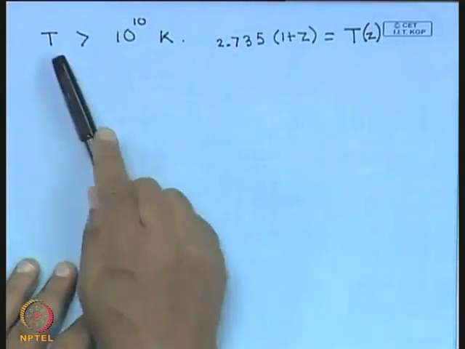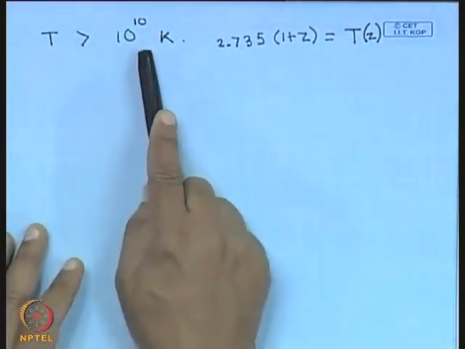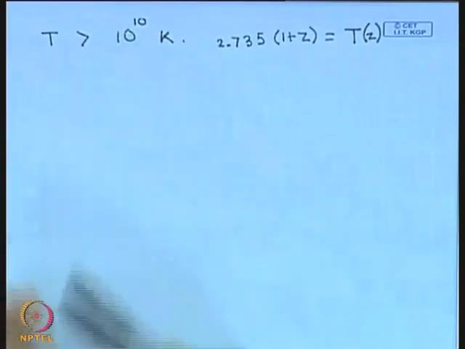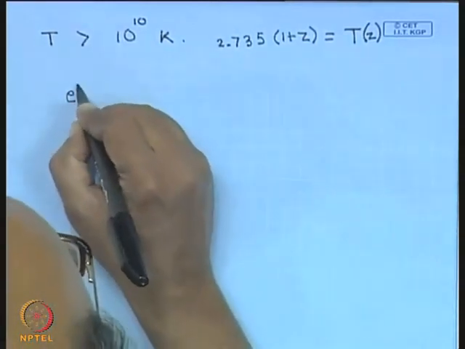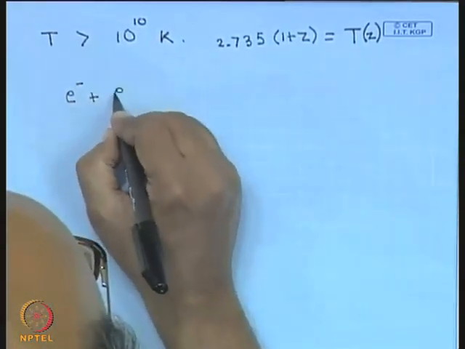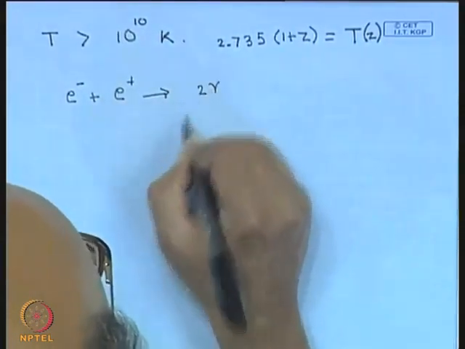Okay, at these redshifts the temperature is adequately high for the CMBR to create positron and electron pairs, and produce gamma.